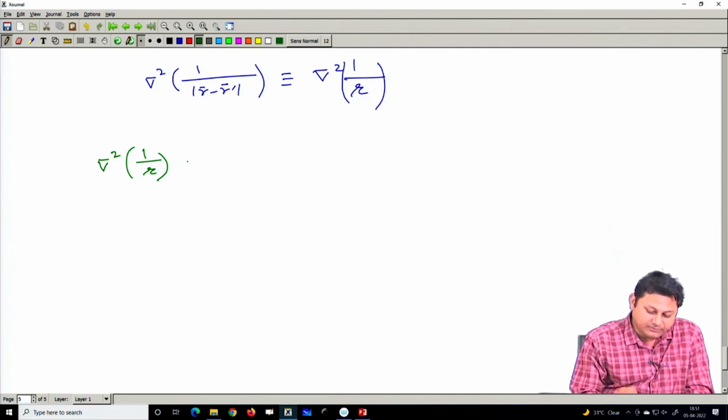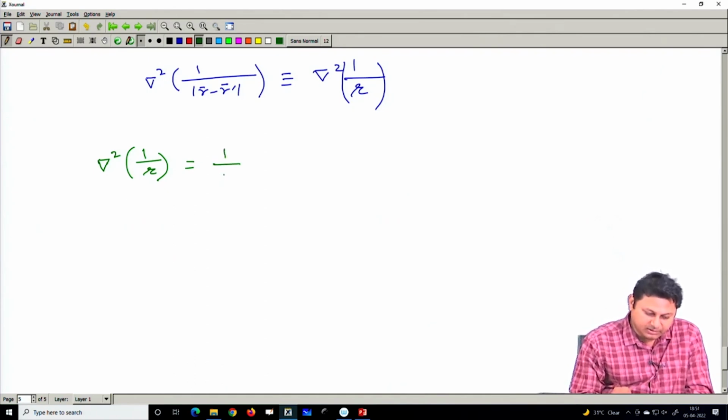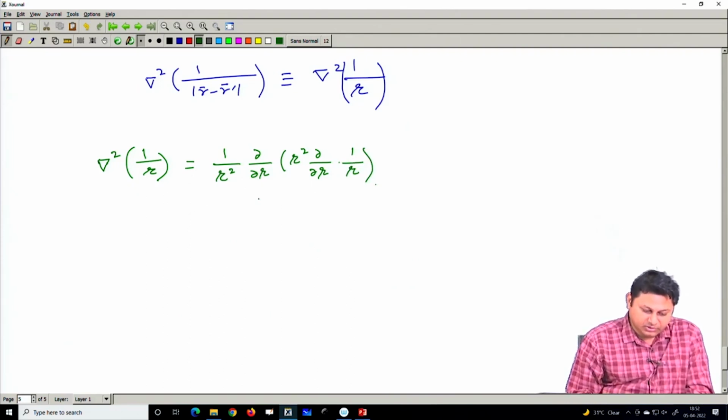If I expand this del square operator in r, theta, phi coordinates, the r part simply gives us 1 divided by r square, del r, and then r square del r, which we will operate over 1 by r. That is the operation we will have.